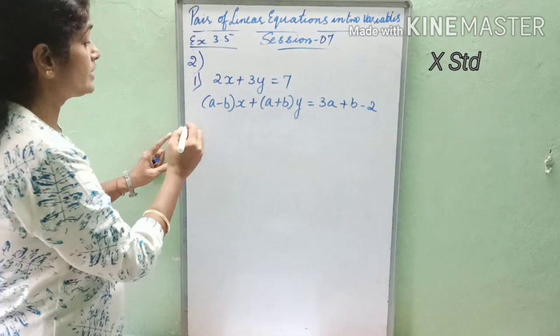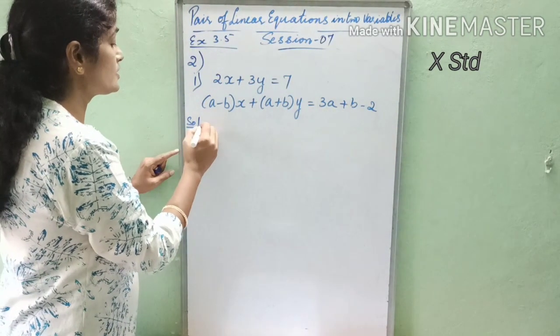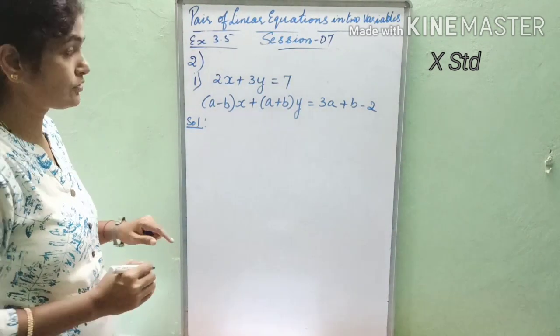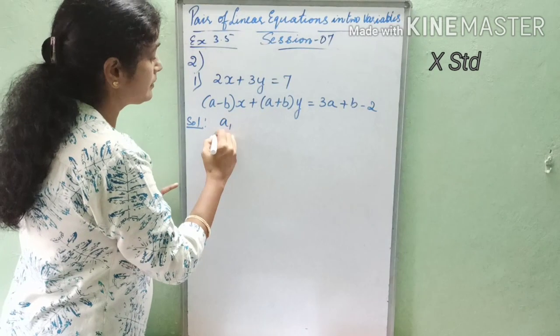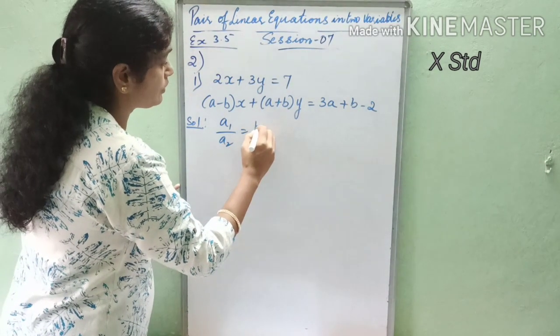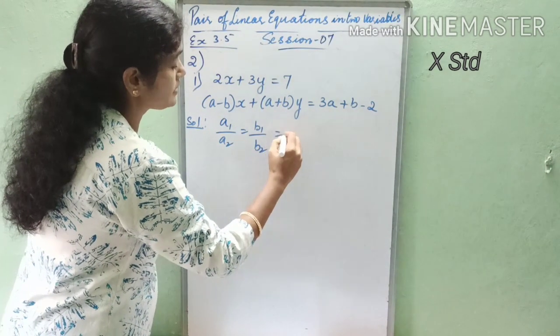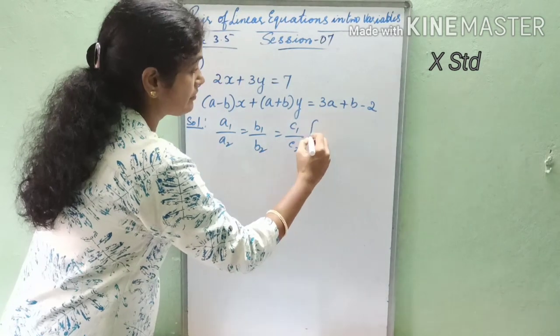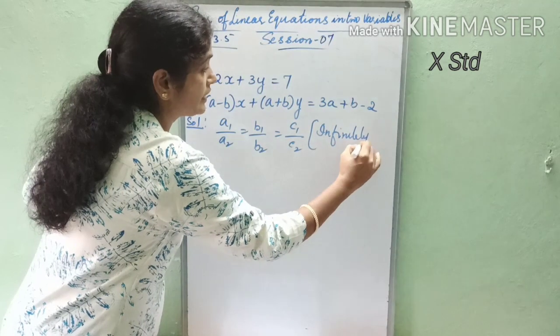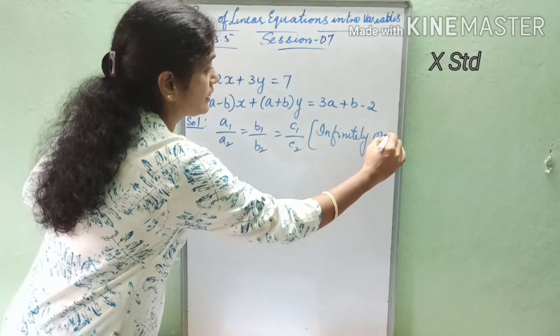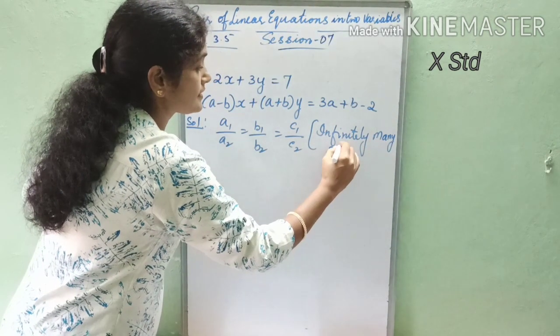Now they have said the system of linear equations is having infinitely many solutions. That implies that a1 by a2 is equal to b1 by b2, that is equal to c1 by c2. Why? Because they have given that this system of equations has infinitely many solutions.